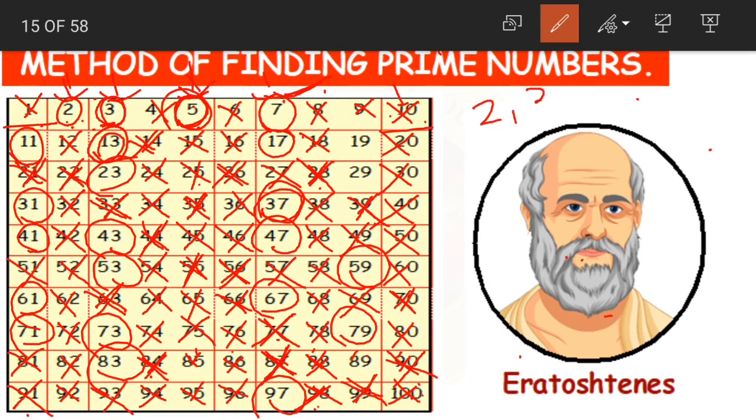2, 3, 5, 7, 11, 13, 17, sorry, 19 and 29 also.